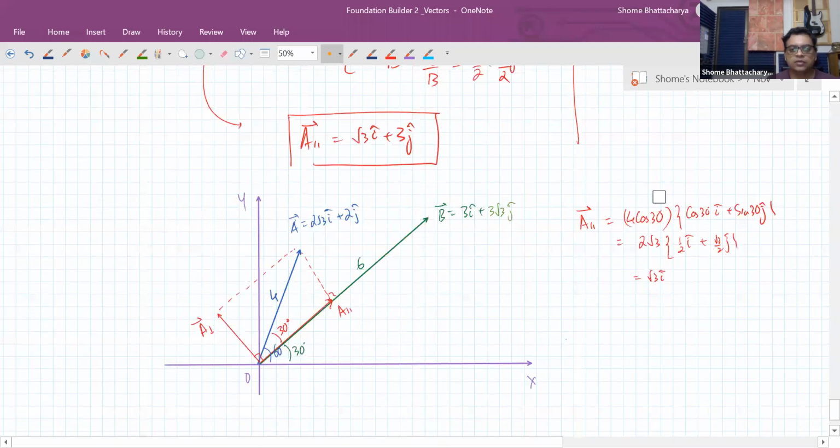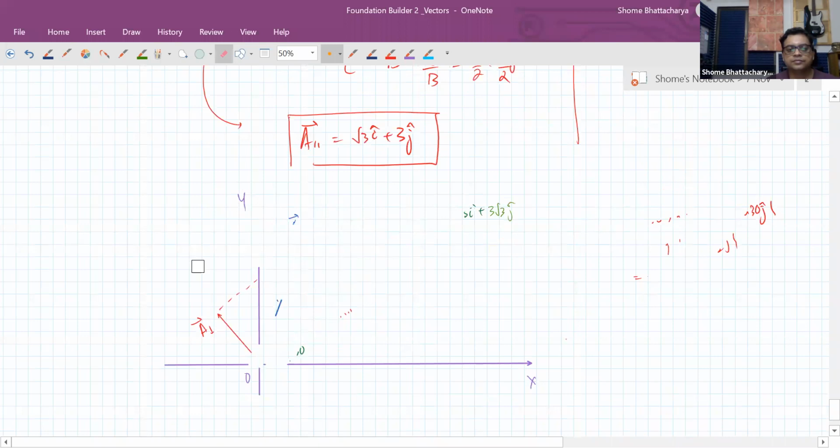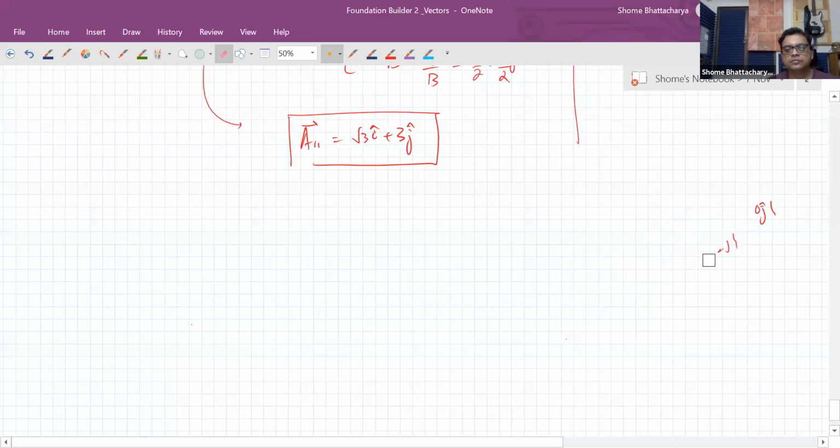That is why I'm getting the wrong result here. So just redraw this. So it's the other way around actually.